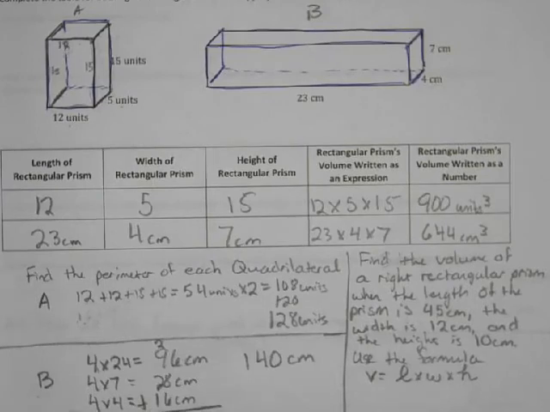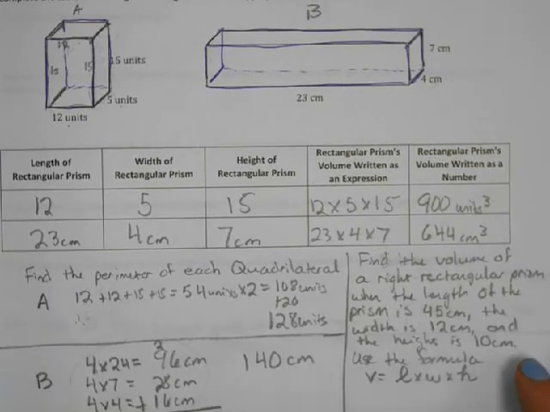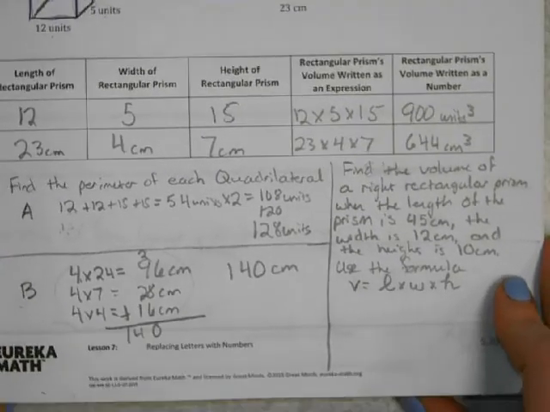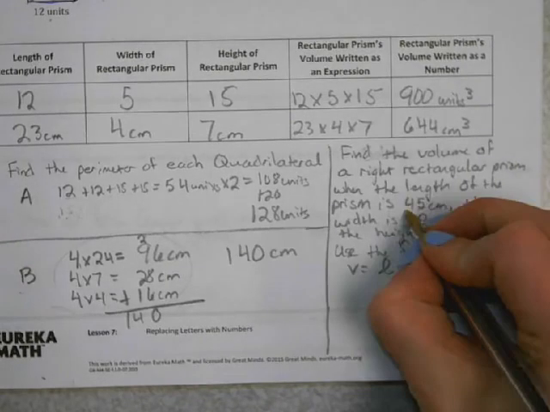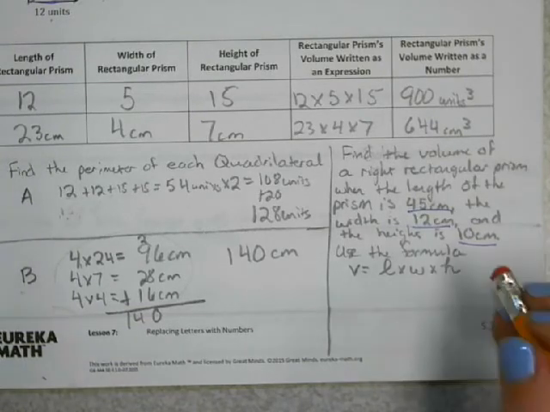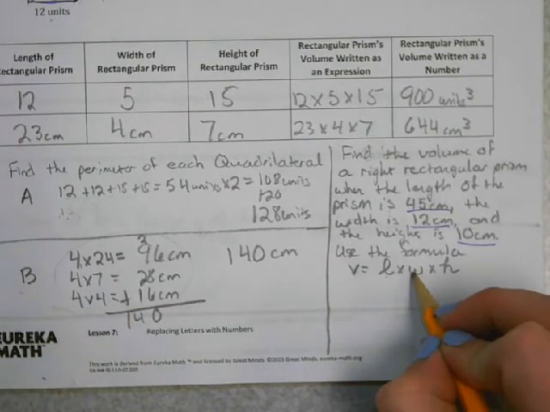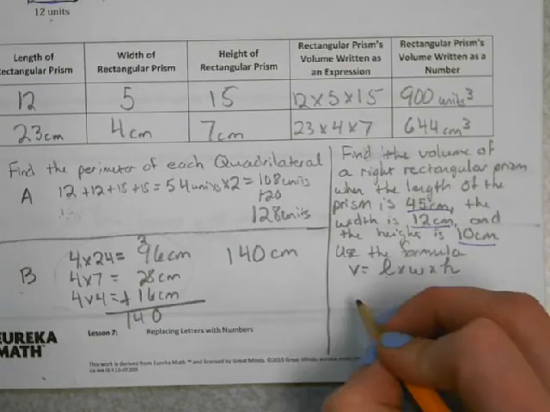So I'd say this side's a lot easier. You just take 4 times each of the side lengths, and you end up with the perimeter of the shapes. All right, our very last one. You were finding volume for 45, 12, and 10. So if you have length times width times height, it means I'm taking 45 times 12 times 10.